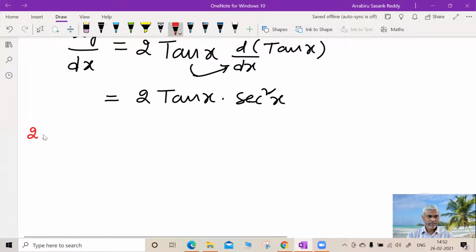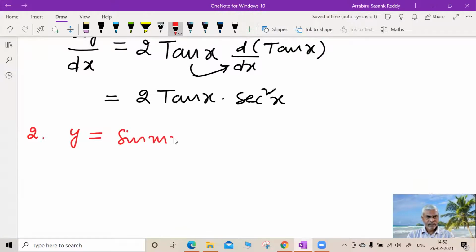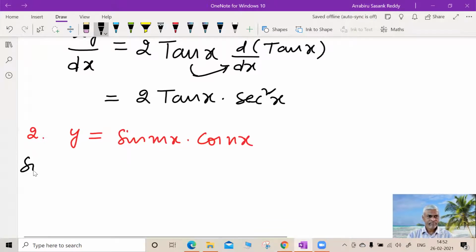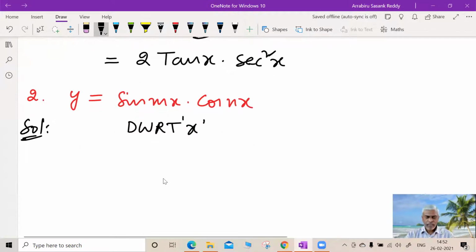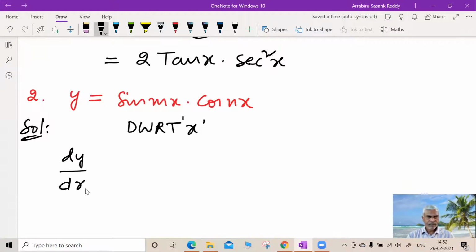Next question. Differentiation of sin mx cos nx. So differentiating with respect to x, y differentiation, dy by dx.